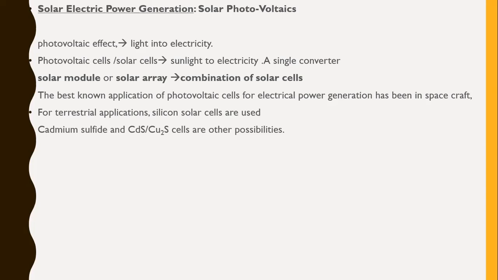A combination of such cells, designed to increase the electric power output, is called a solar module or solar array.